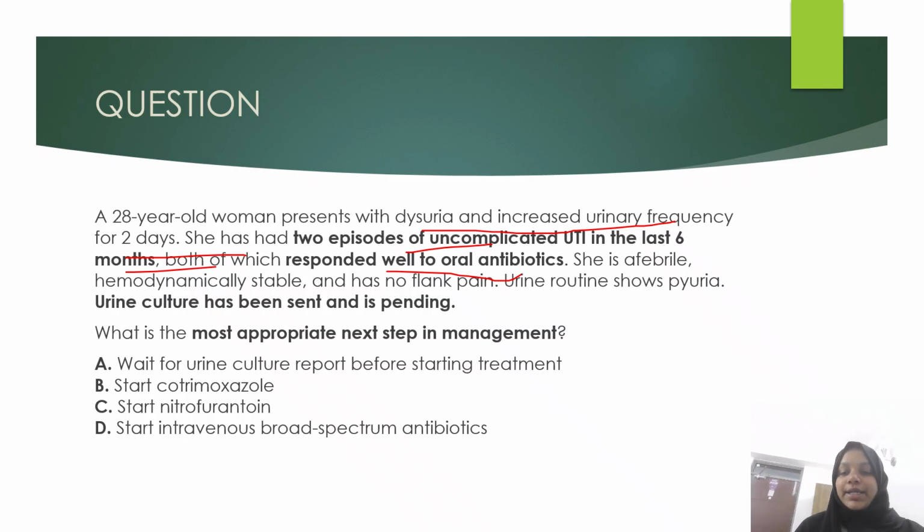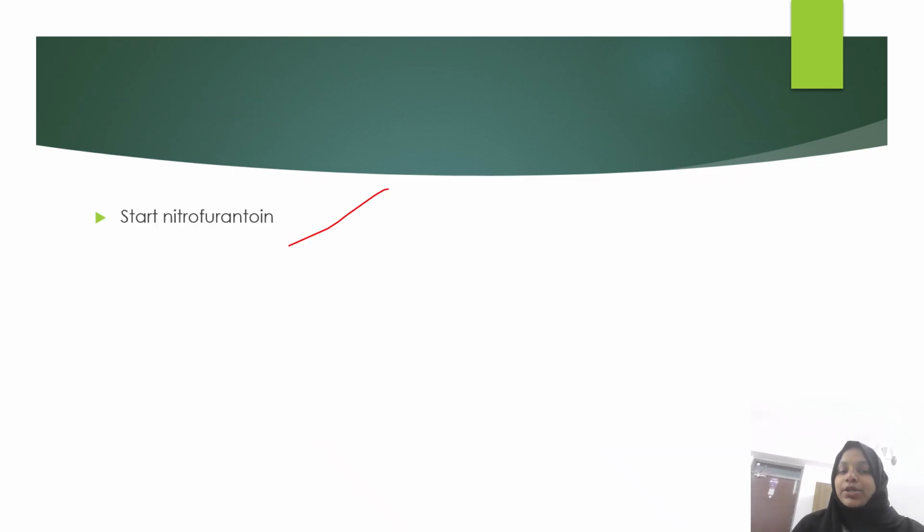IV antibiotics are not indicated because this is not a case of complicated UTI. So do you start cotrimoxazole or nitrofurantoin? Which becomes the choice? It is usually nitrofurantoin. So you can start nitrofurantoin because it's an uncomplicated UTI which has previously also responded to oral antibiotics, but you have to maybe do some more workup to see the underlying cause, like if there is any reflux, especially in younger children.